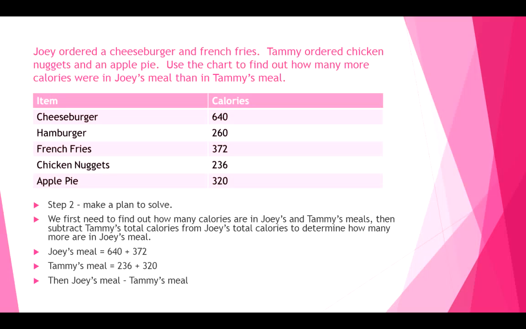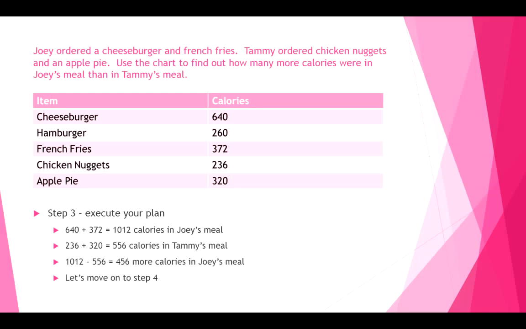Now we have our plan. Let's move to step 3 and solve it. Step 3, execute the plan. So we have 640 calories plus 372 calories in Joey's meal, which gives him a total of 1,012 calories. Tammy's meal had 236 and 320, which gave her a total of 556 calories.